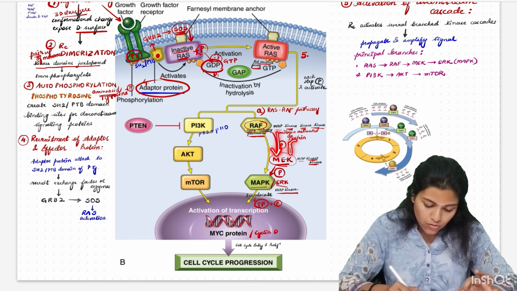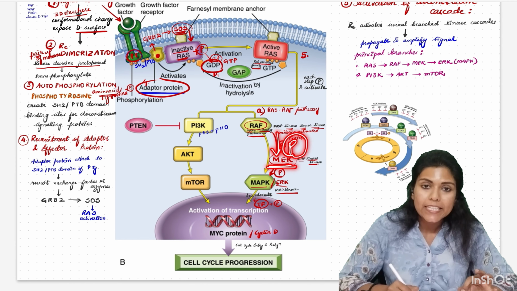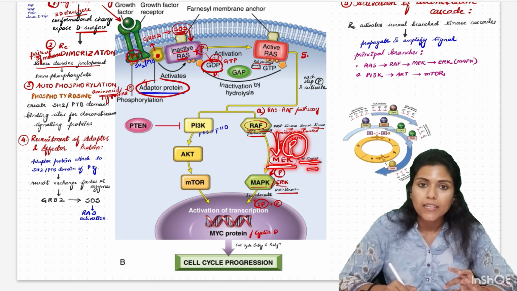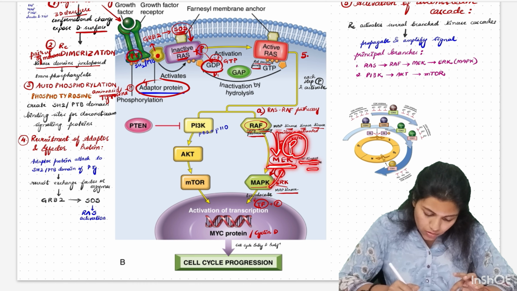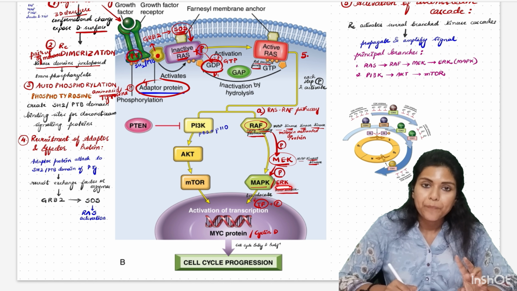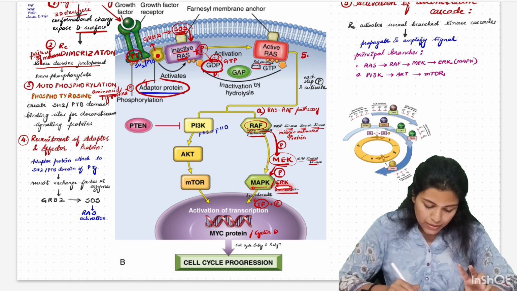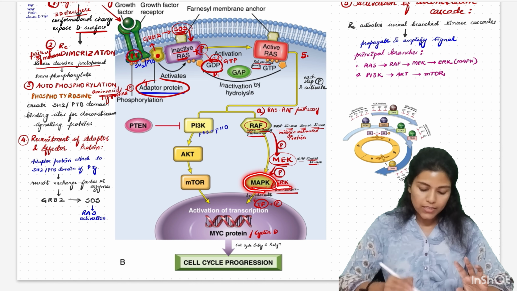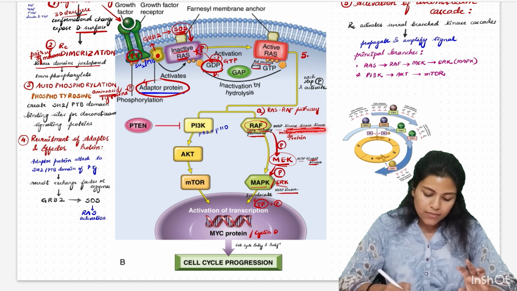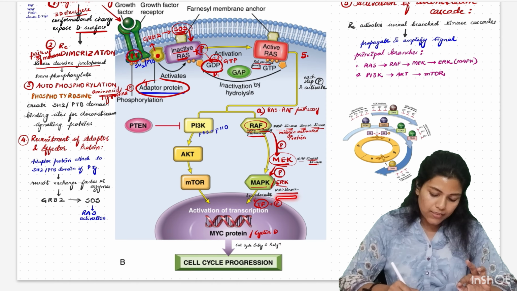It will phosphorylate and activate MEK, which is a double kinase, mitogen activated protein kinase kinase. Again, it will phosphorylate and activate the single kinase, here the ERK. ERK is called mitogen activated protein kinase. In each step, there is phosphorylation involved, and from triple kinase, it is becoming double kinase, then single kinase.